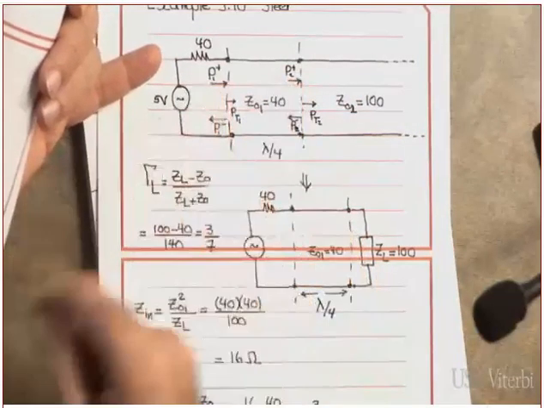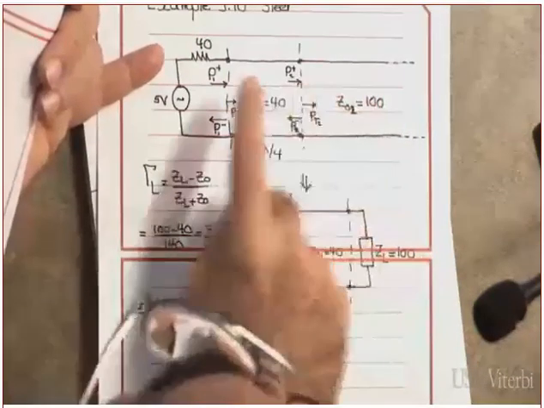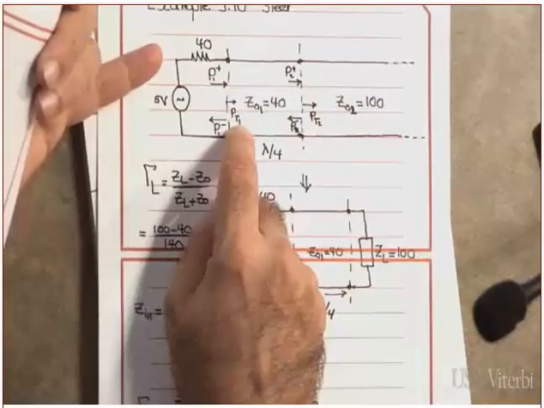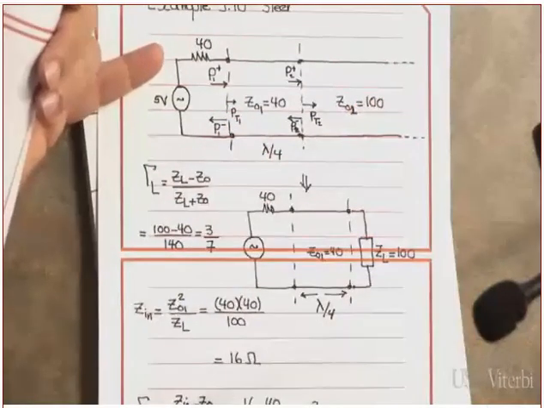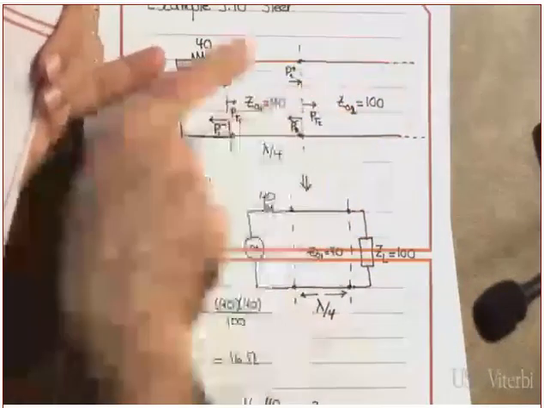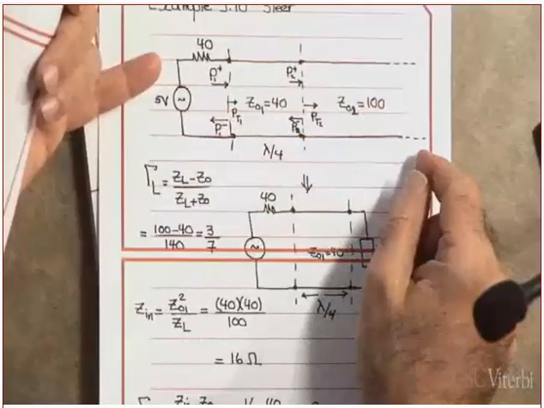P2 plus will be the same as P1 plus. Did you get this or not? P2 plus will not be the same as PT1, because we need to take into account that there will be reflections on this side. Yes or no?